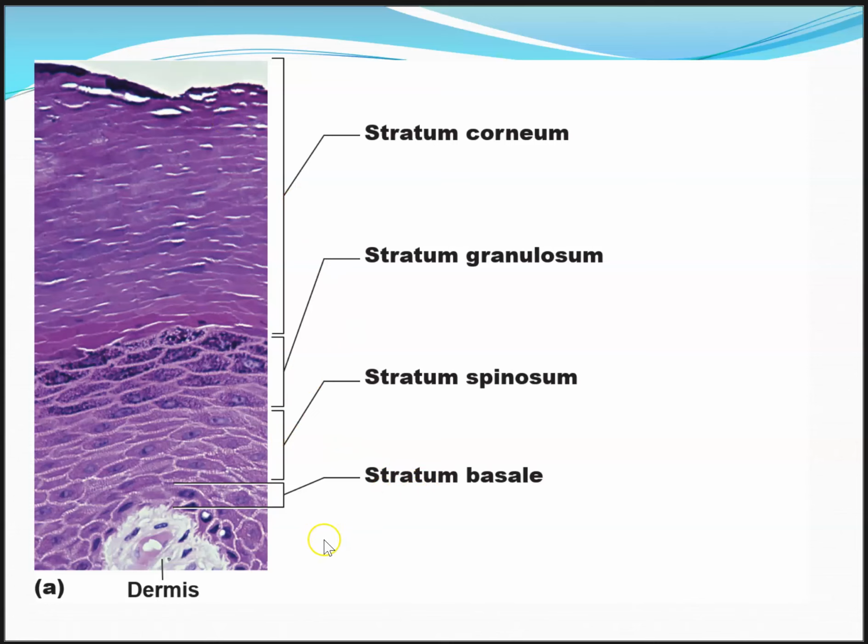Stratum basale contains really actively dividing cells and some newly formed cells which eventually will move up to the stratum corneum and form a layer of dead cells. But an important feature of stratum basale is that they contain melanocytes that produce melanin, and they contain a lot of melanin granules.